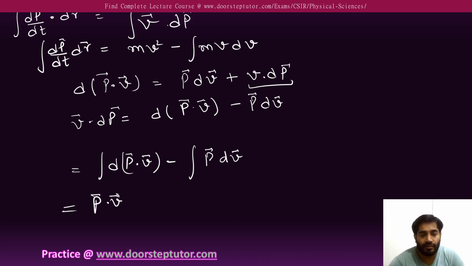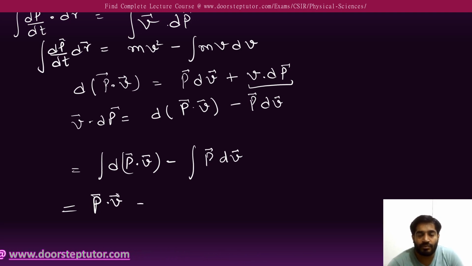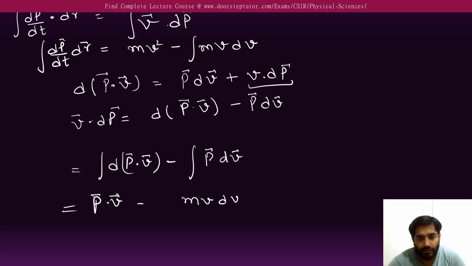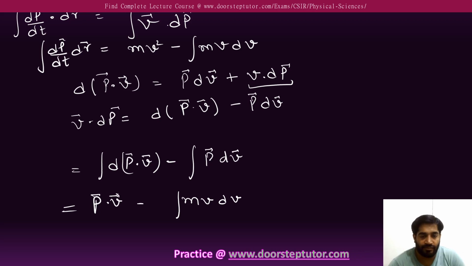Now come to this. What is p dv? p is mv, simple, so it's mv dv. So we remain with pv minus the integral of mv dv.